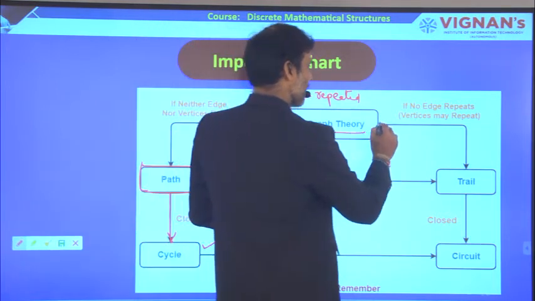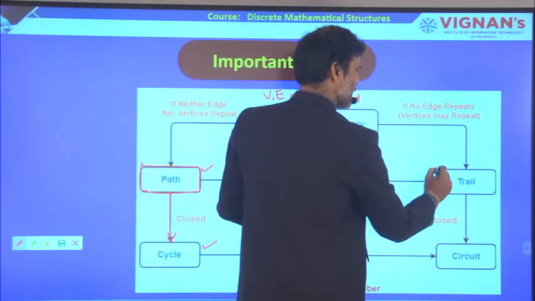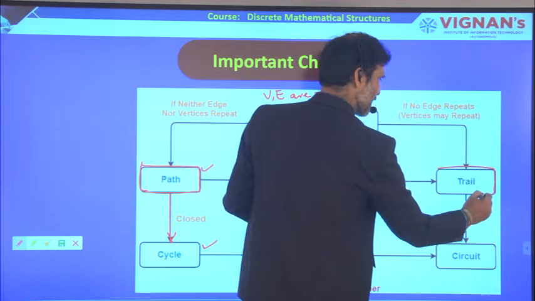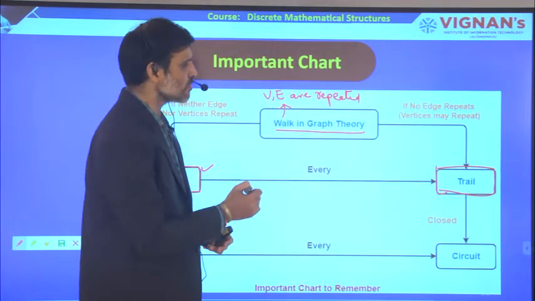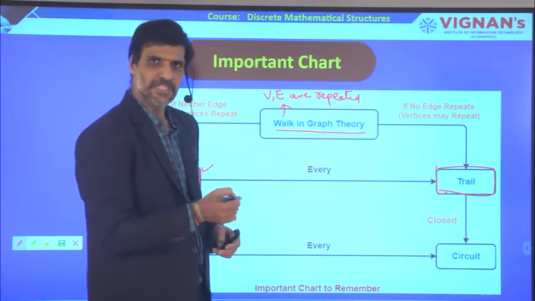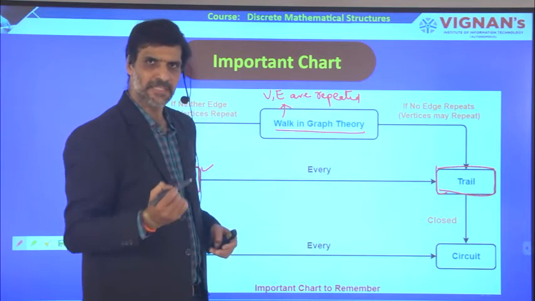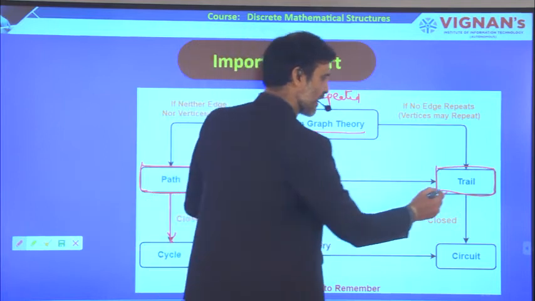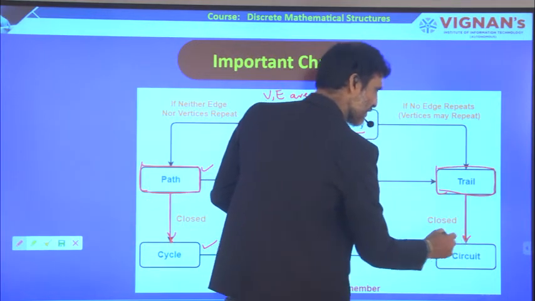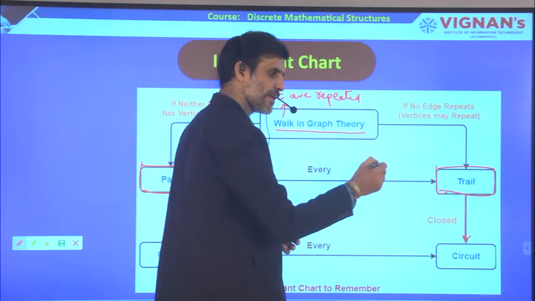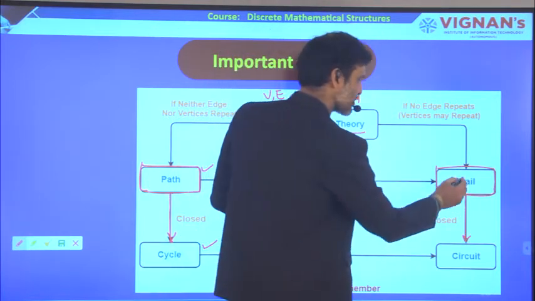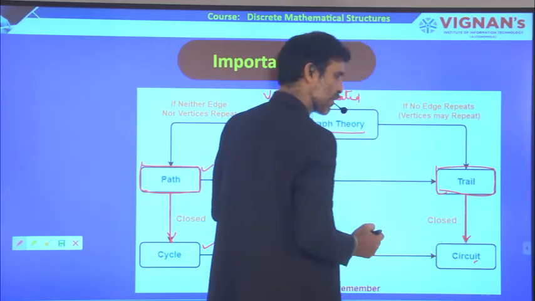And coming to this case, edges are not repeated but vertices may be repeated, then it is called a trial. In those, if the start vertex and the end vertex are the same, then it is called a circuit. In between, vertices may be repeated, but if the start vertex and end vertex are the same, then this trial is called a circuit.